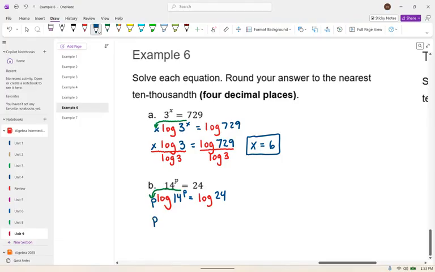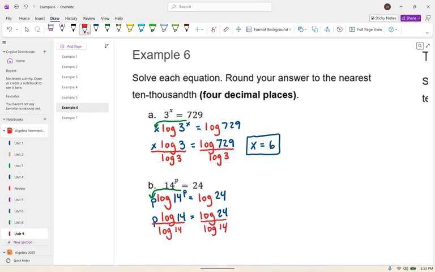So this will be p times the log of 14 equals log of 24. Again, I'm going to divide just by log of 14.